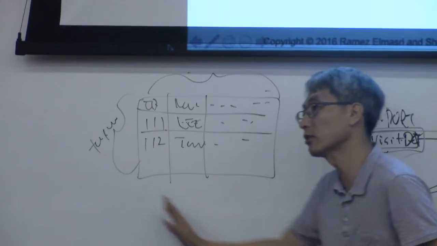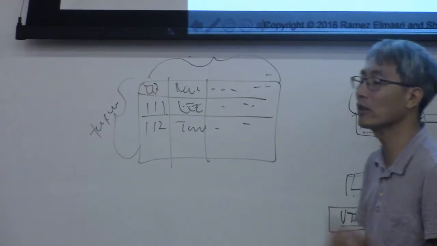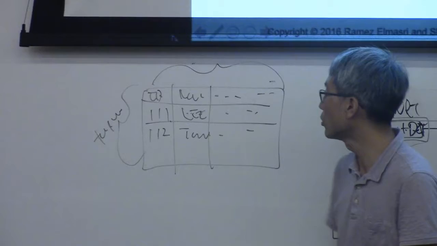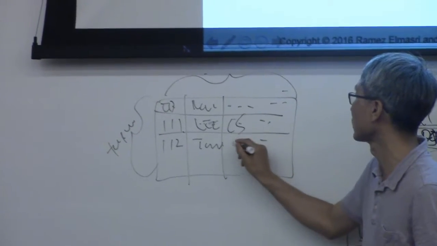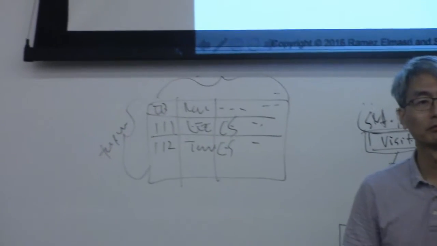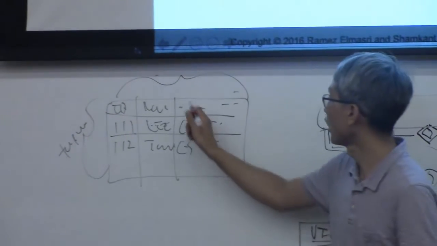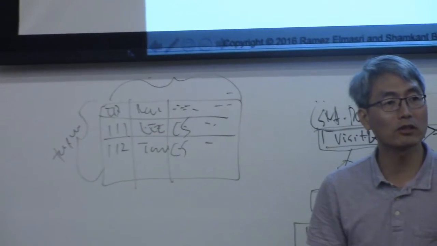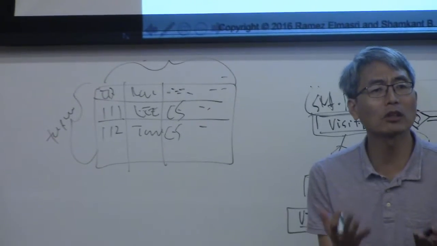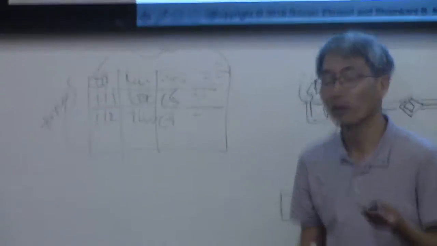So when you use this relation, this table, for example, I want to know whose major is CS. How can you get the tuples whose major is CS? We need some method. Okay?